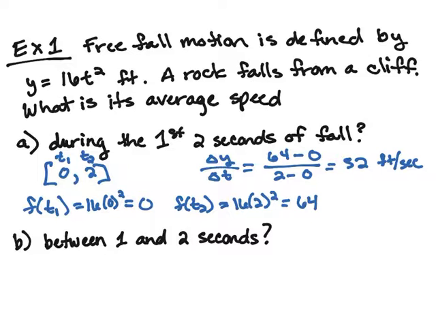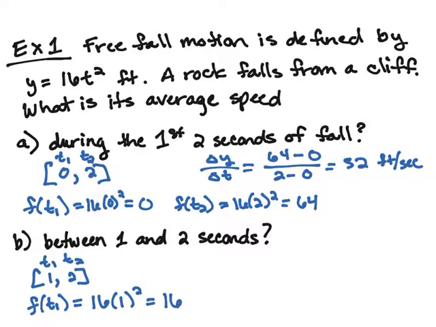Okay, let's try it between 1 and 2 seconds. So I've got the interval now going from 1 to 2. So my t1 is going to be 1, my t2 is 2. We already evaluated f of t2, that's 64, but I need f of t1, so that's my function evaluated at 1, and we get 16.